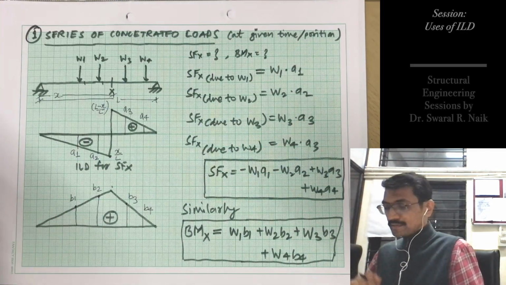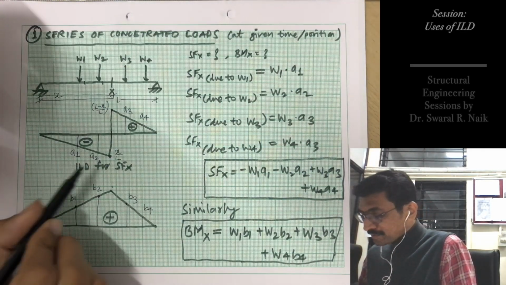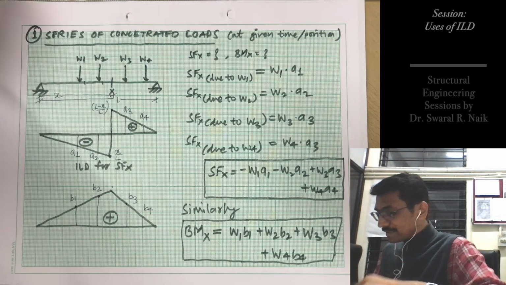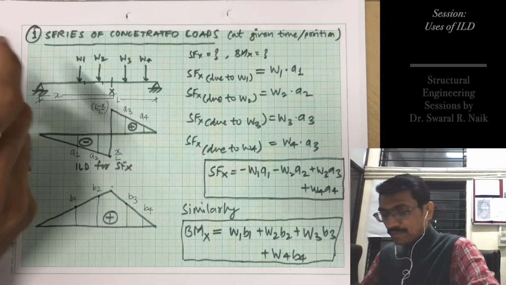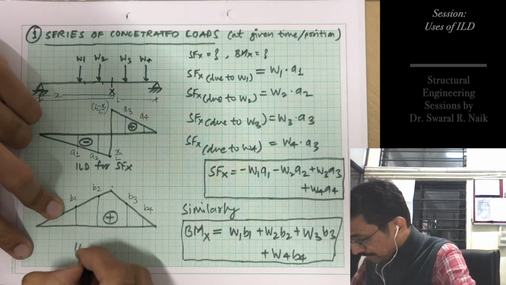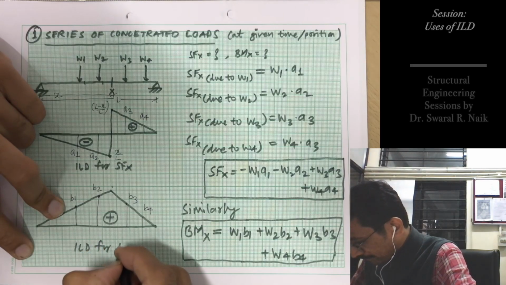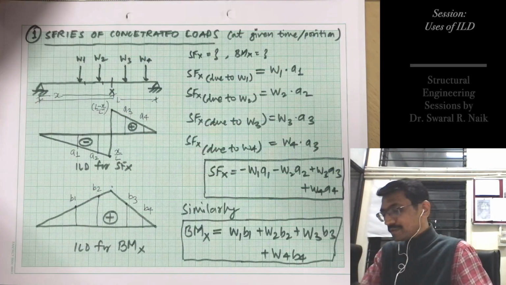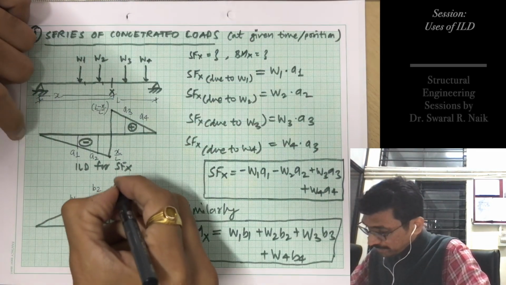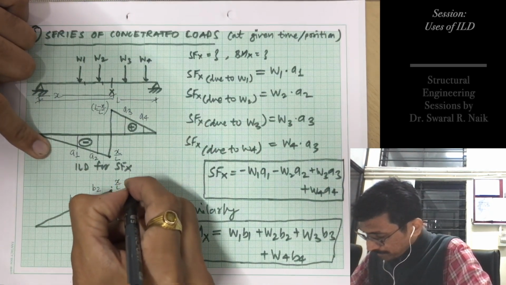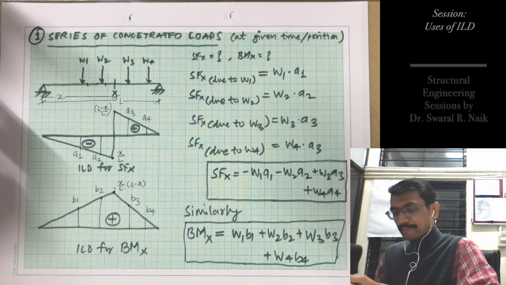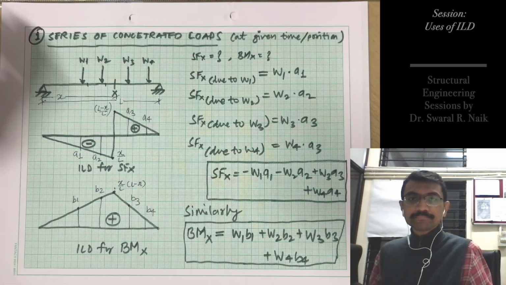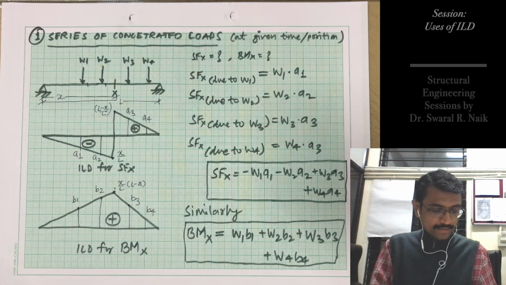So this is the value of shear force at section X and the value of bending moment at section X, when our load position is given by this. This peak we already know, that is x by L upon L minus x. Right.